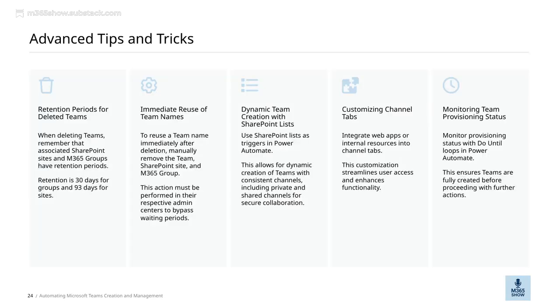Now, let's talk about monitoring the provisioning status with do until loops in Power Automate. This is a crucial step because it ensures that teams are fully created before we move on to any further actions. By incorporating these loops, we can avoid issues that might arise if subsequent steps are triggered prematurely. Next, we have the concept of monitoring team provisioning status.